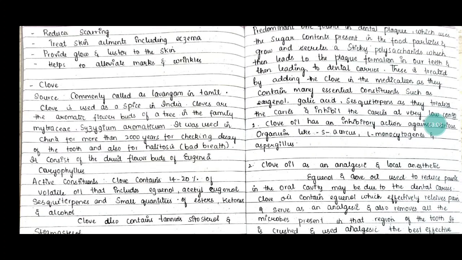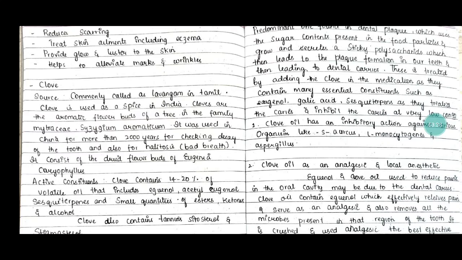Clove is a spice in India. Cloves are the aromatic flower buds of a tree in the family Myrtaceae, Syzygium aromaticum. It was used in China for more than 2000 years for checking the decay of the tooth and also for halitosis, meaning bad breath.